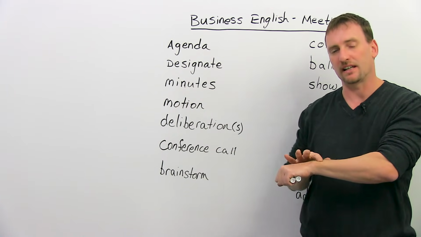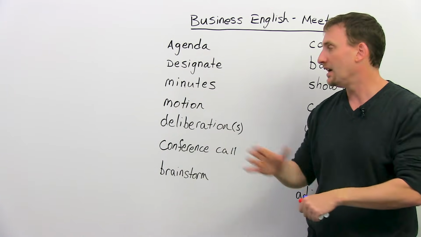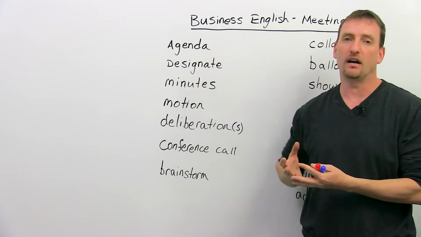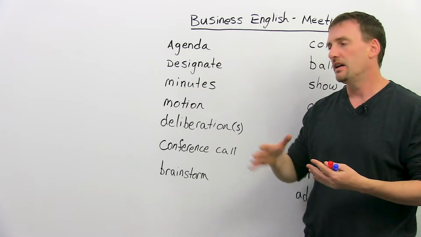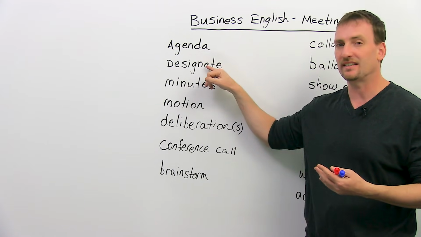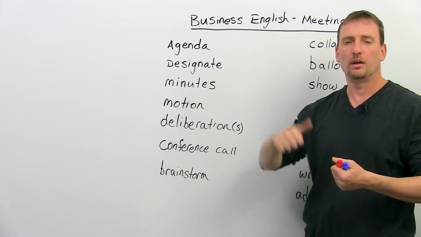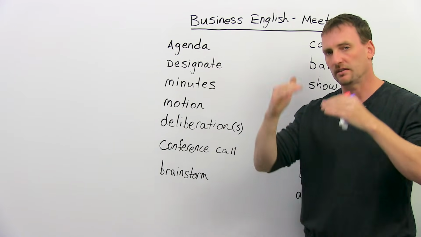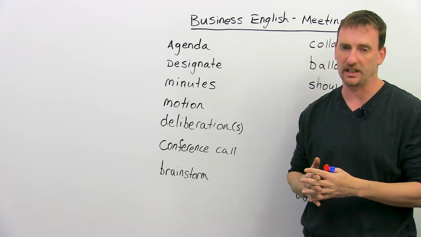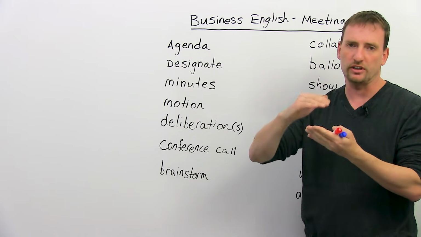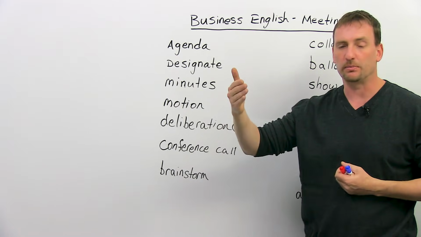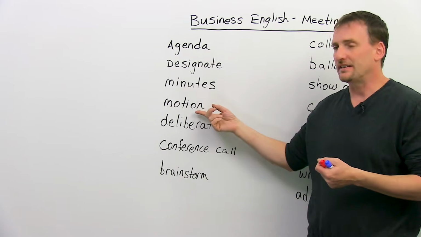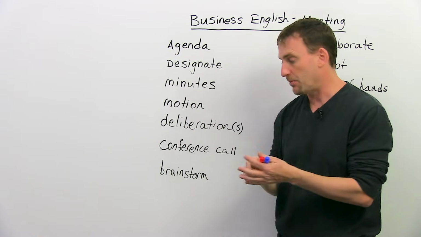Like the same minute, like you think about it in terms of time, minutes are the notes or the summary of a meeting, okay? At the end of the meeting, the person who was designated to take the notes will go back to his or her desk and type up a list of the main highlights of the meeting and whatever goals were achieved, whatever items need to be discussed next meeting, etc.